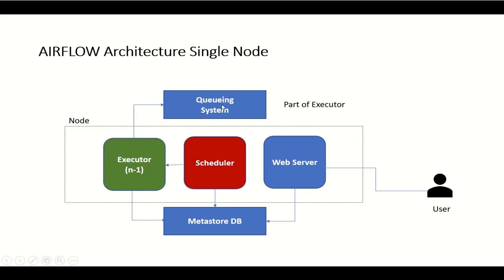It has an inbuilt queuing system which helps to run the DAGs based on the queue. And then we have the web server which takes the data from the metastore DB to display the DAG, and which is updated periodically so that we can see the status of each DAG in the user interface.